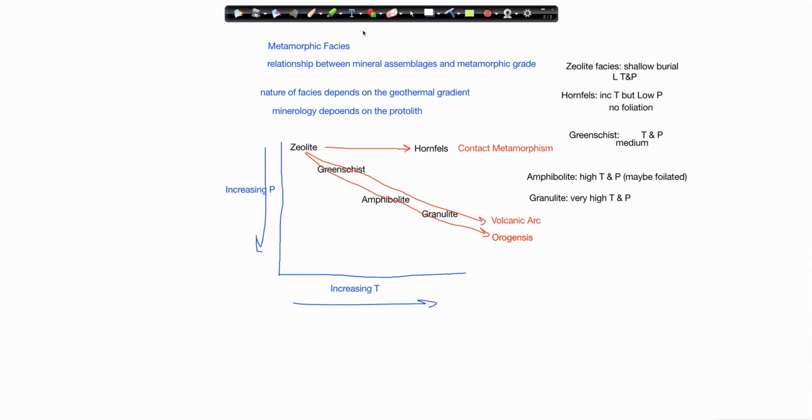Then we have burial metamorphism, which is going to go through green schist, a little bit of amphibolite, and then kind of just drop off. And it actually ends up in melting. And so this is burial metamorphism.